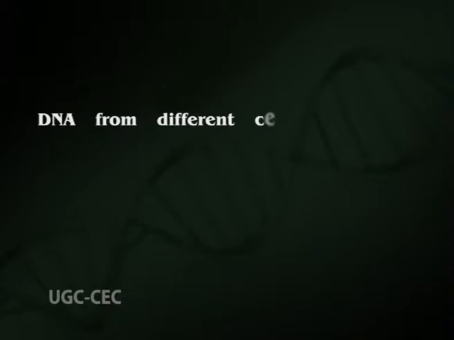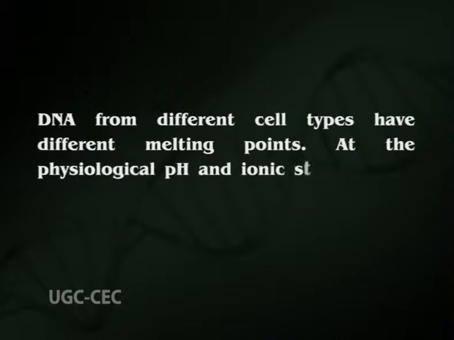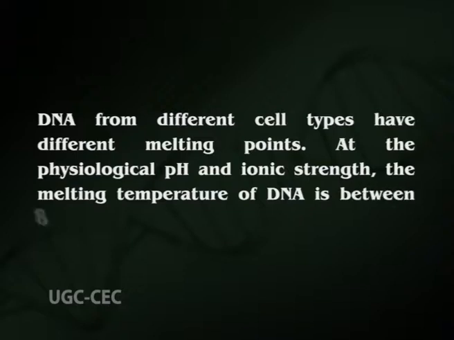Near the denaturation temperature, a small increase in temperature causes a rapid loss of the multiple weak interactions holding the strands together. DNA from different cell types have different melting points. At physiological pH and ionic strength, the melting temperature of DNA is between 85 degrees centigrade and 95 degrees centigrade.